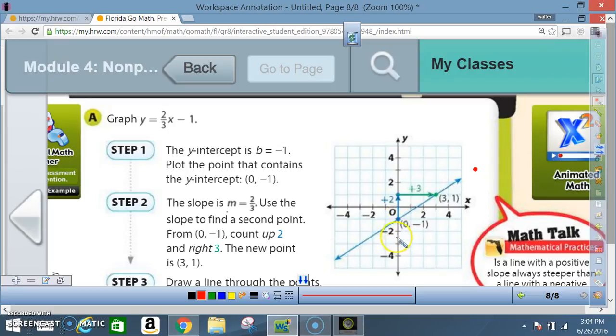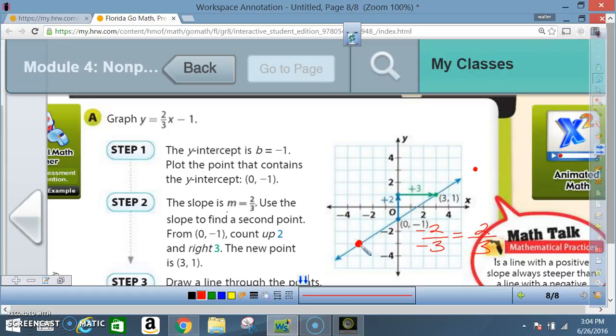So 1, 2, that's a negative 2. And then 1, 2, 3. That would be a negative 3, which ends up being a positive 2 over 3. So 1, 2, 1, 2, 3, right there.